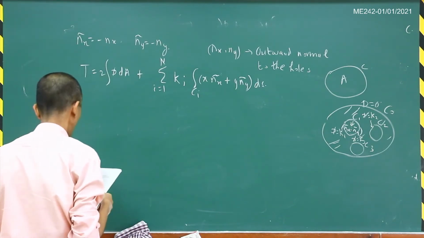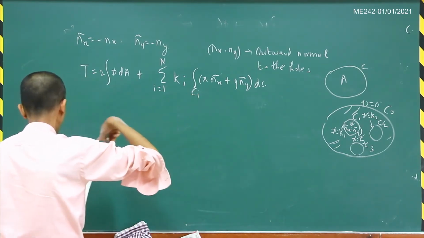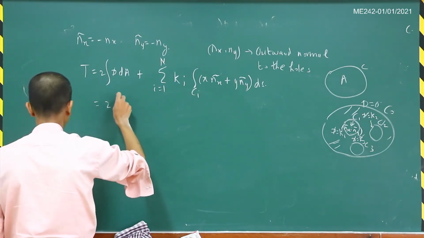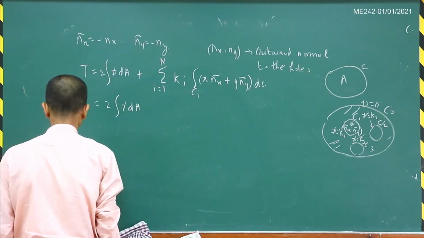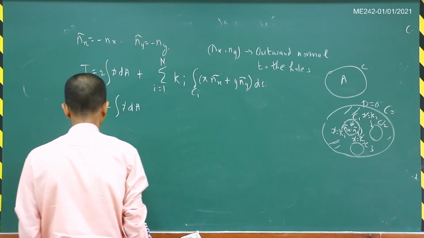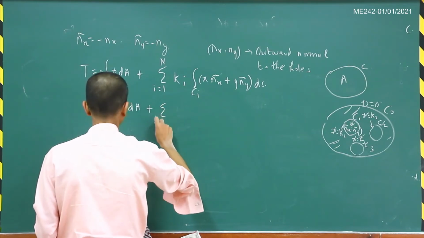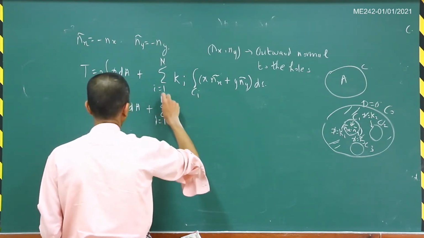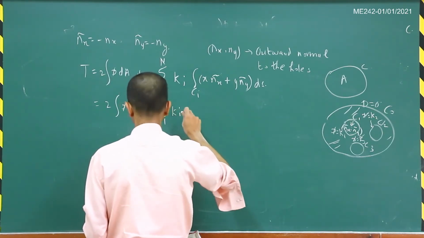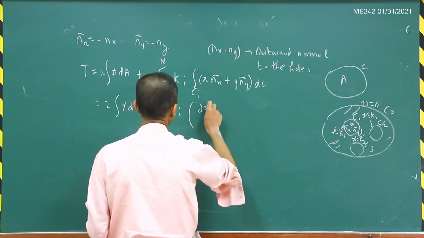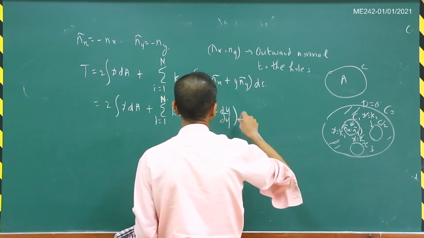And if you now write this in terms of dx by ds and dy by ds, then you will get that this is equal to 2 times the integral of phi dA plus the summation i equal to 1 to n of Ki times the integral of del x by del x plus del y by del y times dA.